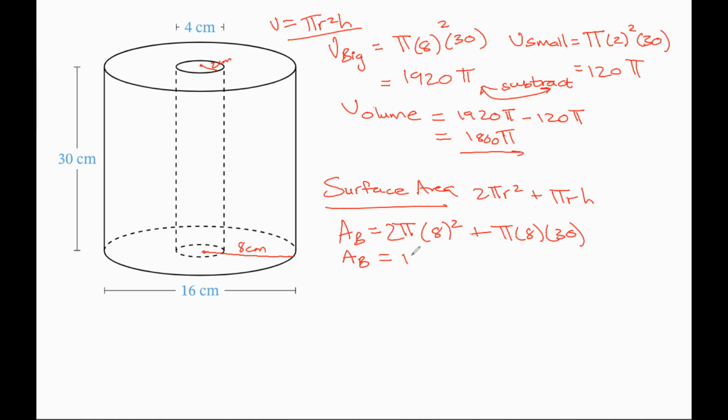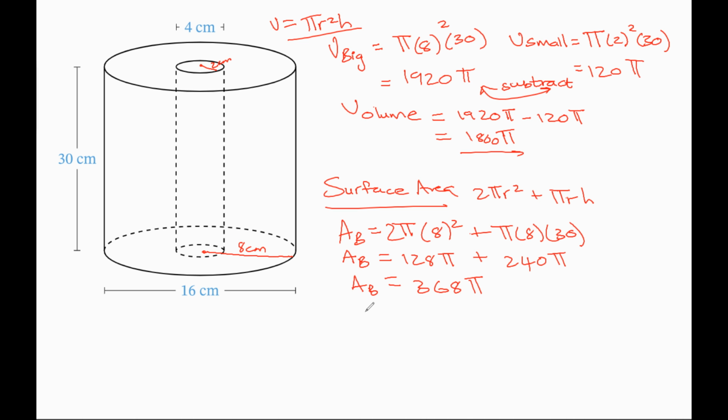64 times 2 is 128 pi plus 240 pi. 368 pi becomes the big area.